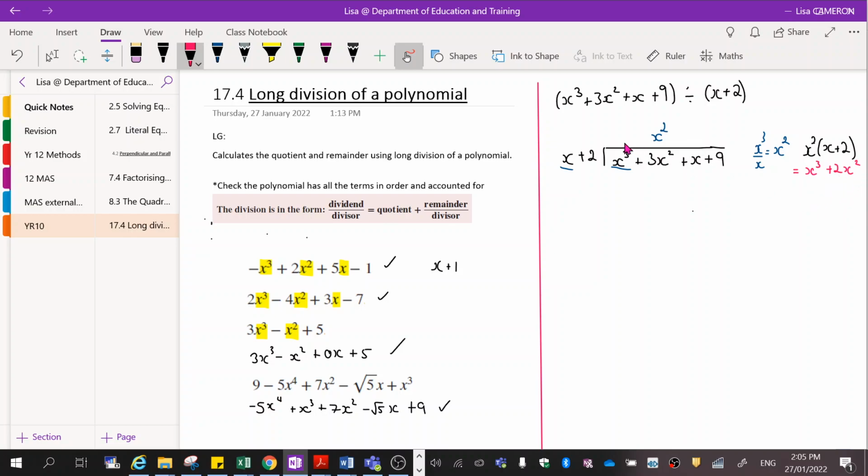So now this is what I'm going to need to take away from this expression to see what's left. So minus, minus, make it really clear. x cubed plus 2x squared.